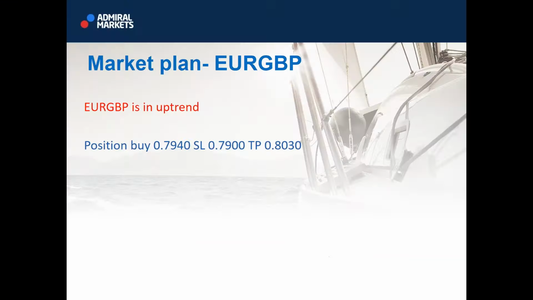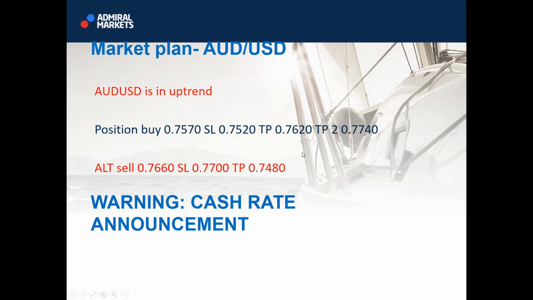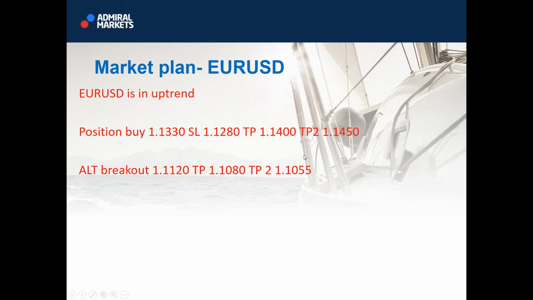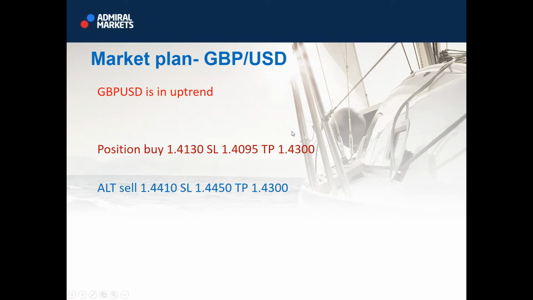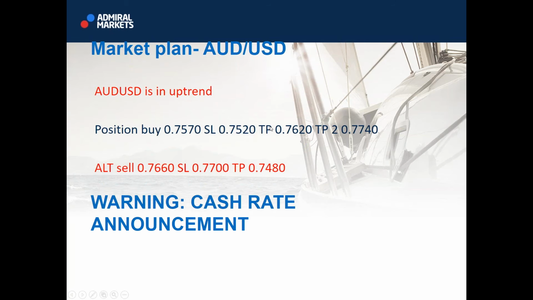So guys, I will roll these slides again because we are finished with slides. Now you can ask me questions if anything is not clear. And I will roll these slides again. Euro dollar, pound dollar, Australian dollar.